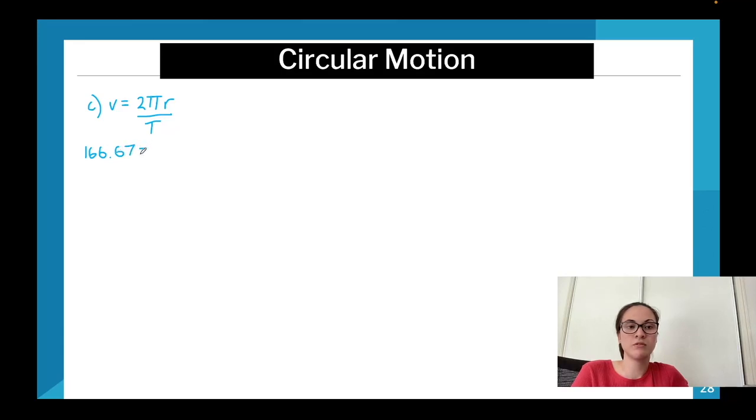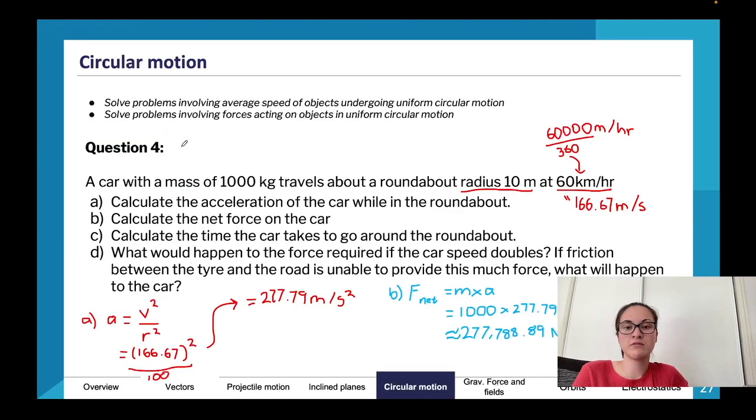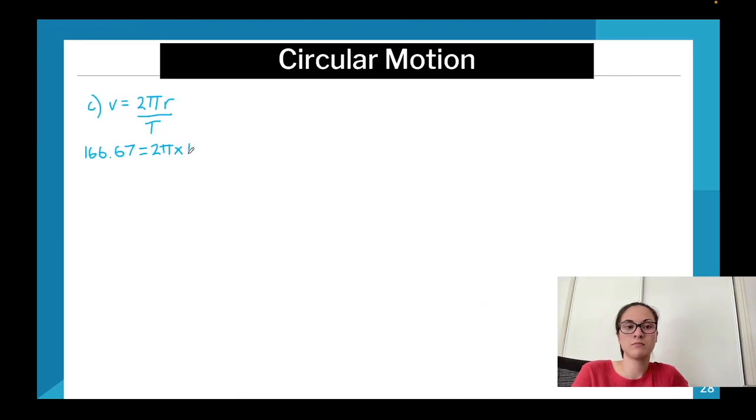It's equal to 2 pi, and our radius, pretty sure it was 10 meters. Yep. And that's over time, or the period. So now we multiply both sides by the period, our unknown variable.